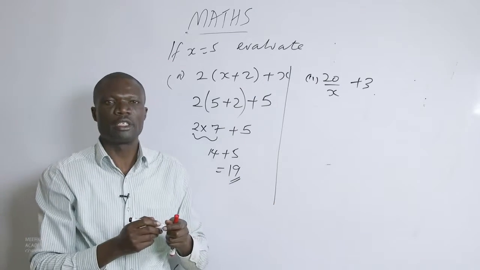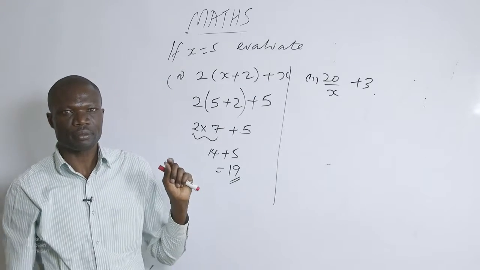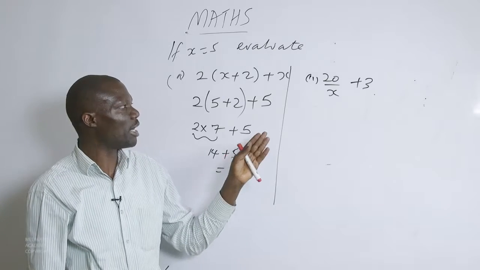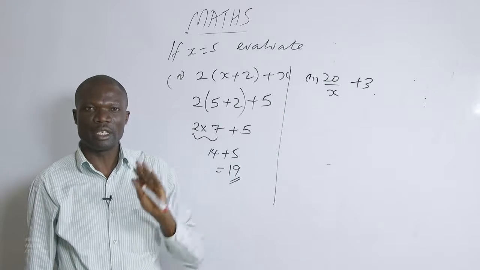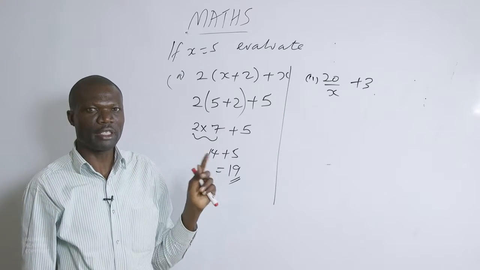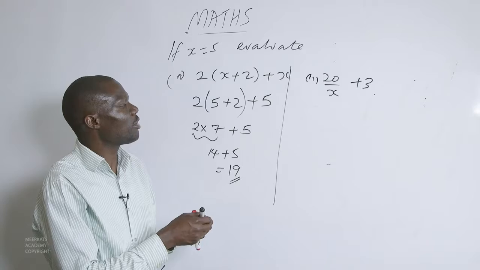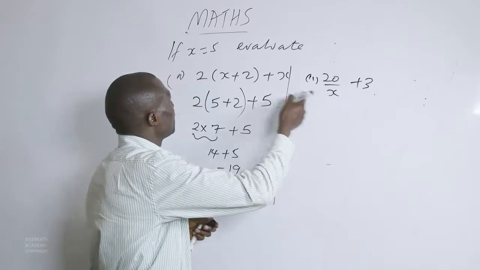In the second part that we have here, 20 over x plus 3, you'll find that the value of x is 5.